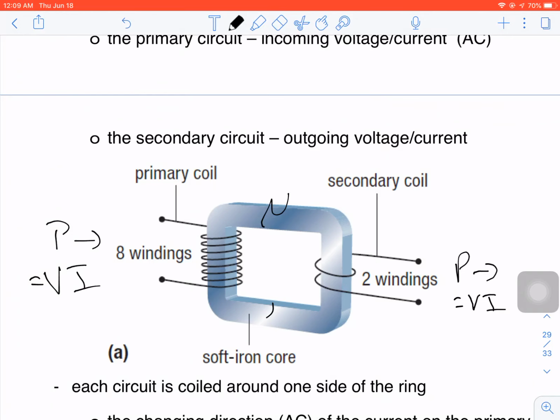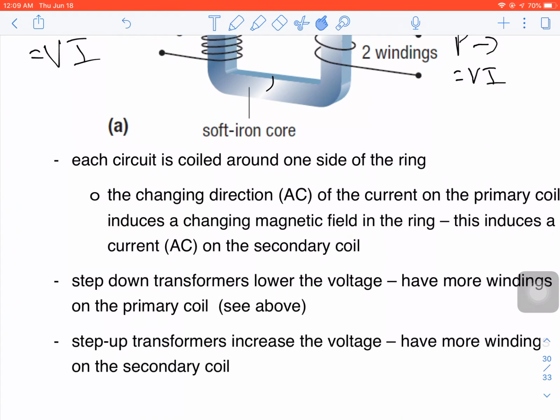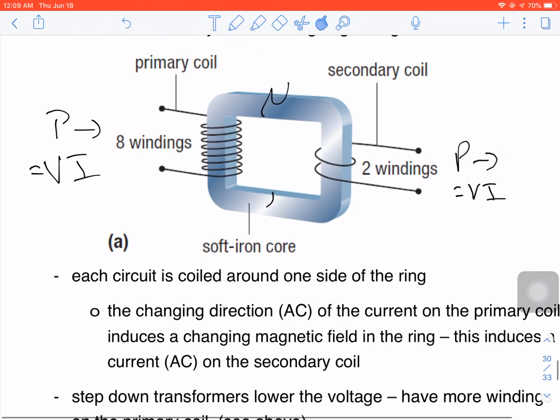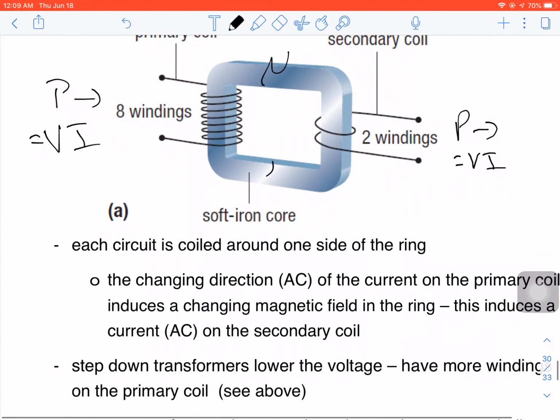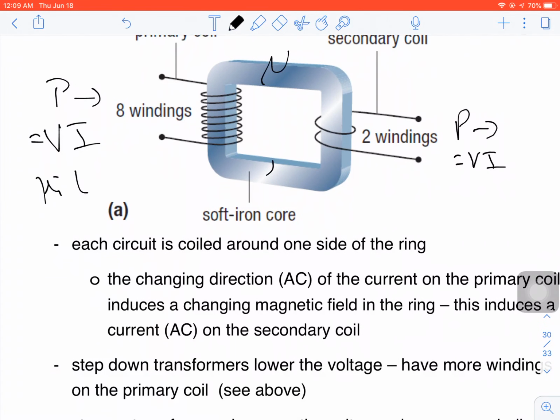So this transformer is a way of changing the speed of the electron flow and changing the amount of energy that each electron is carrying, changing the voltage or potential of those electrons. If I've got a transformer that has high voltage and low current on one side, I can have low voltage and high current on the other side.